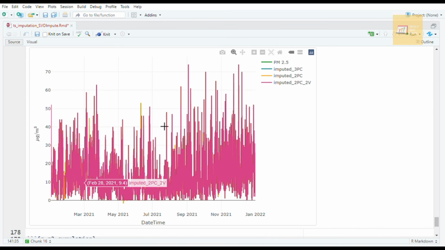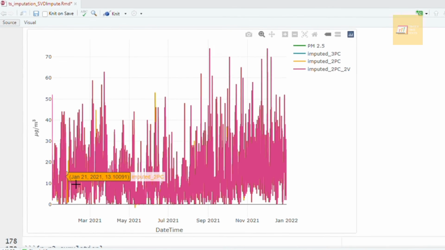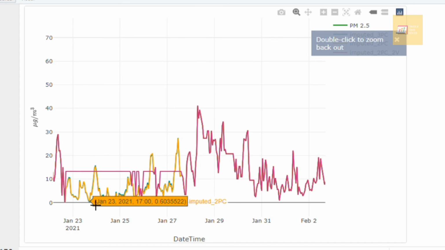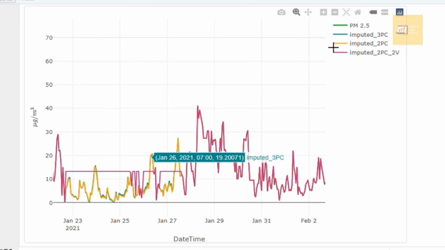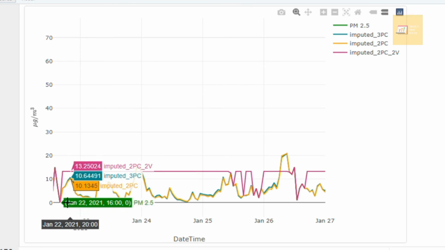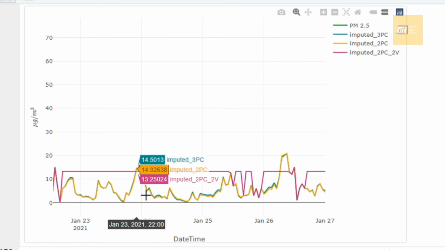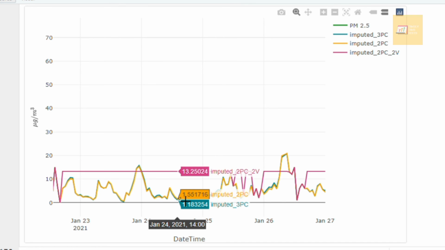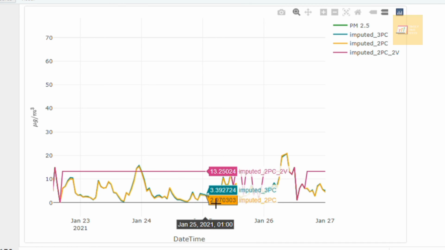Now I haven't even zoomed in on anything, but we can already see some differences. Anyway, let's zoom in at the same period. Let me zoom in even further. On January 22, we can see some straight lines, while the imputation by 3 and 2 principal components fluctuated a lot.